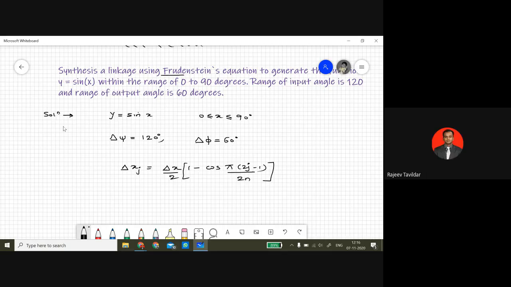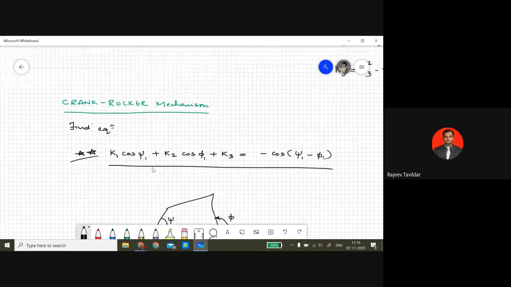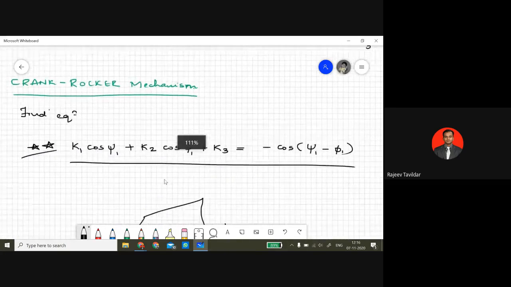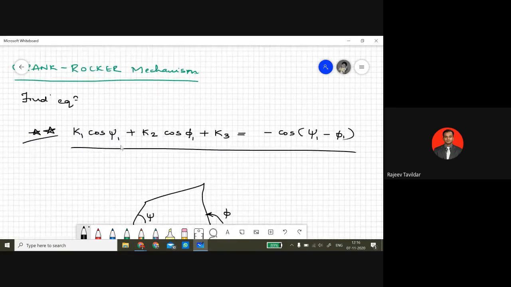But you need to understand that if we are using Freudenstein's equation, by default the value of n will be 3. How can I assume this? If it is Freudenstein's, I am saying that n is equal to 3. That is because if you look at Freudenstein's equation, I have to write these equations by replacing psi 1 by psi 2 and psi 3 and so on.